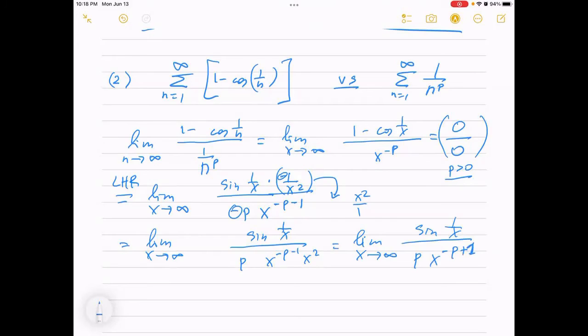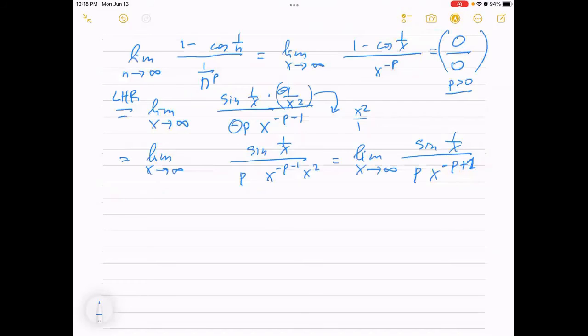Let's assume that negative p plus 1 is still positive. That implies that on the bottom we get 0, and sine of 0 is 0. So we have 0 over 0, and we're still going to do LHR one more time.